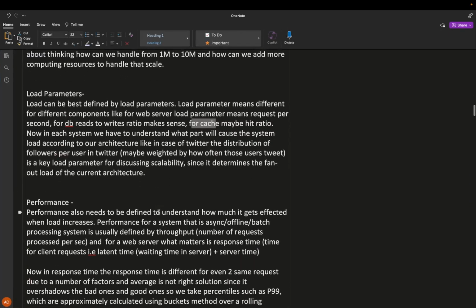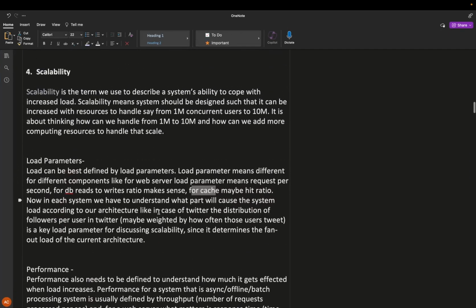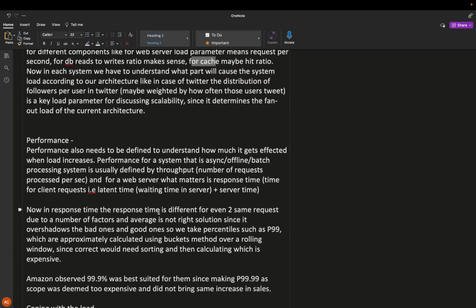The second term we want to define for scalability is performance. Performance means how much your system is performing right now.